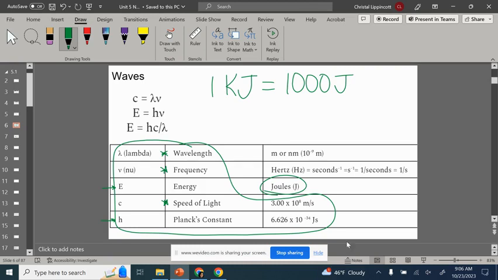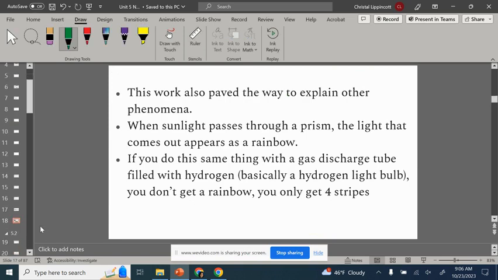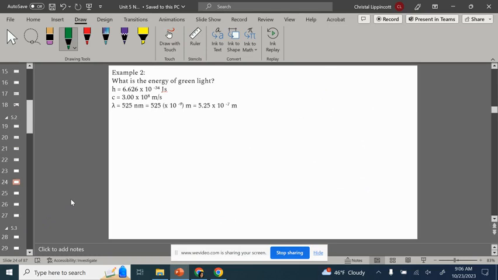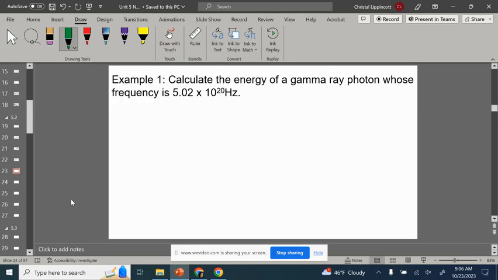All right, so I want to go back to today's notes then. See if I can find. There. Okay. So we are calculating the energy of a gamma ray photon. We are given frequency. So we've got 3 equations now at our disposal.